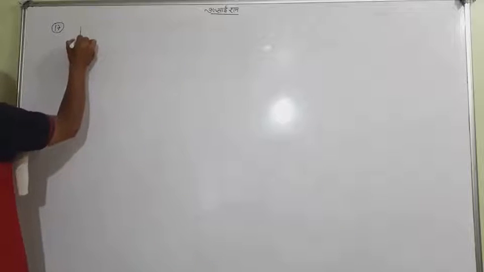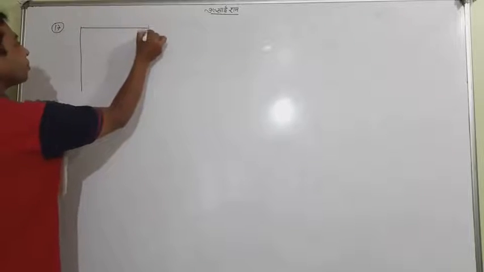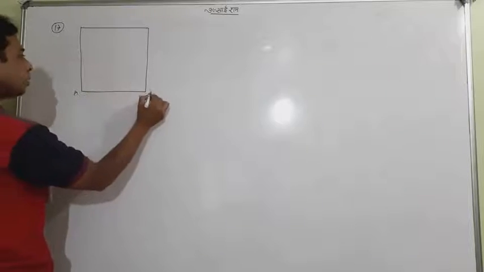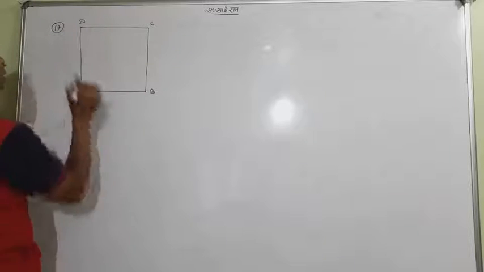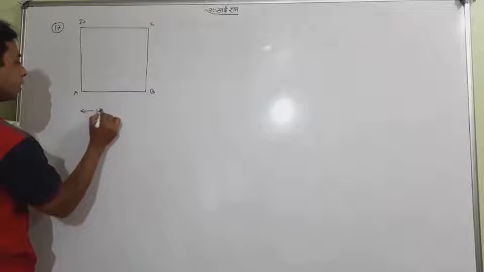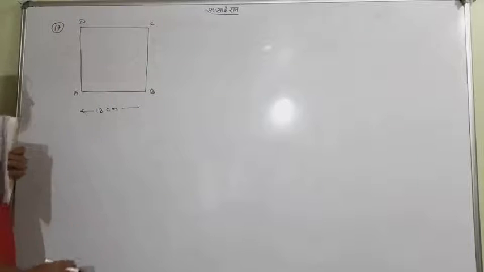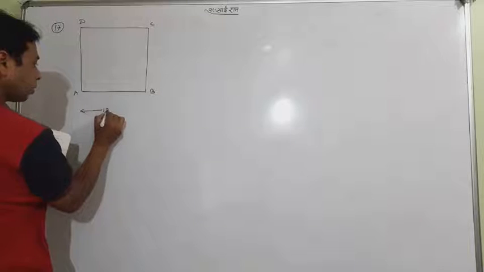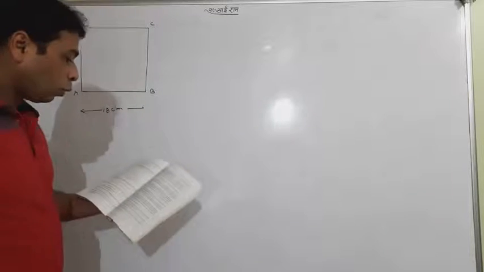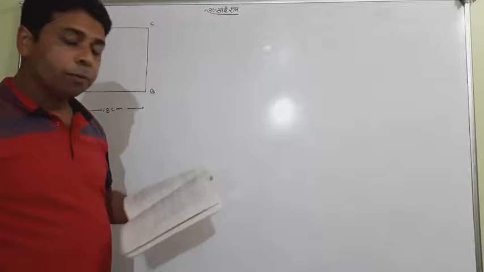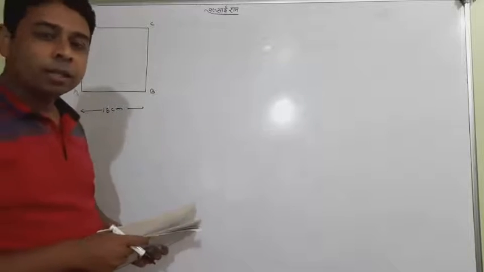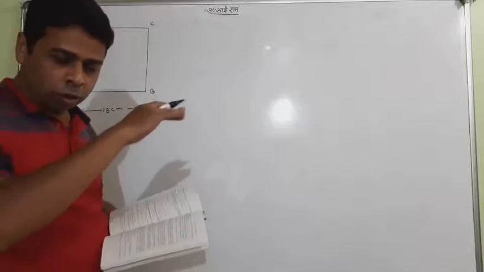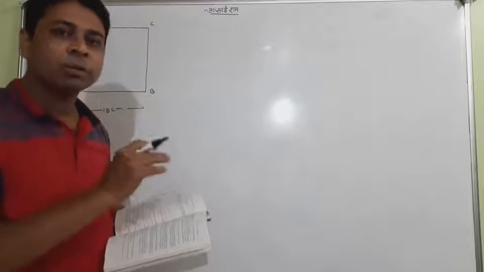A square piece of tin of side 18 centimeter. Okay, I'm trying. So this is a square piece of tin, suppose it is ABCD, and the side is 18 centimeter. All sides are 18 centimeter, students. Now the question says, from this square tin of side 18 centimeter, a box open from the top is created.